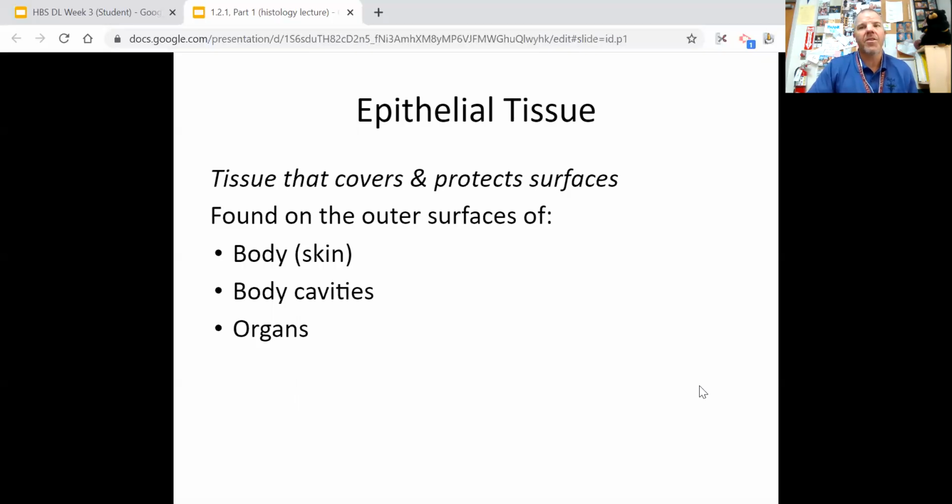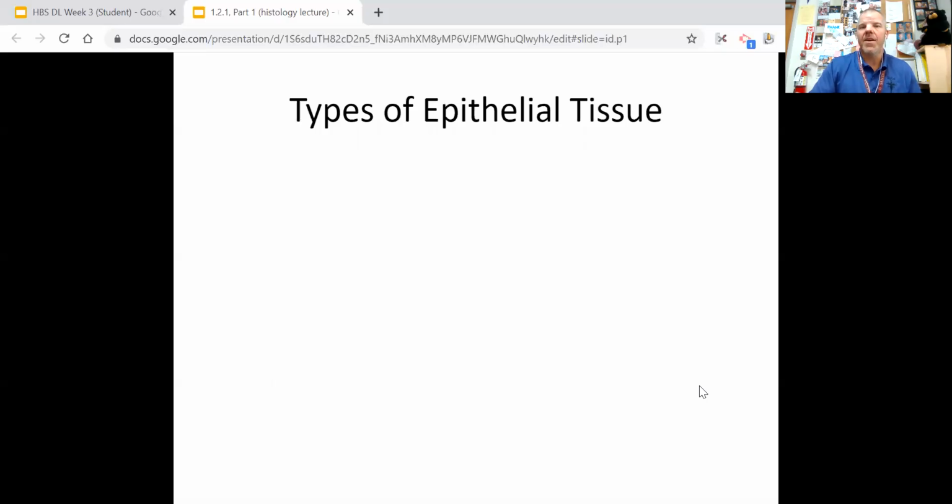We find epithelial tissue surrounding organs, ducts. Ducts are tubes within the body. Vessels are also tubes within the body, like blood vessels. And that's where you'll find epithelial tissue. Epithelial tissue comes in a variety of types, which at first seems like really crazy names, but when you look at them a little bit slower, they're really not too hard to figure out.